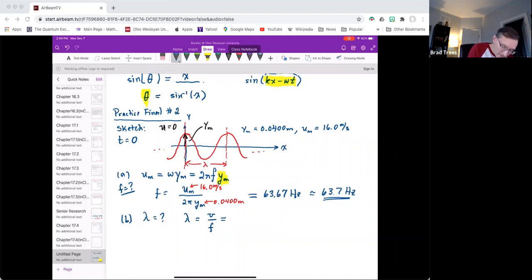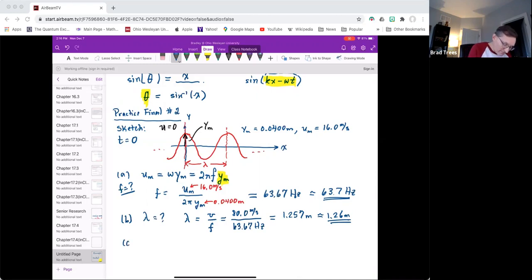I'm told the v of the wave, 80 meters per second. And for the frequency, I'll put in my unrounded answer. And I get for the wavelength, 1.257 meters. So if I round that to 3 sig figs, 1.26 meters. And I've given you now the wavelength. So that's that distance lambda in my drawing up there.